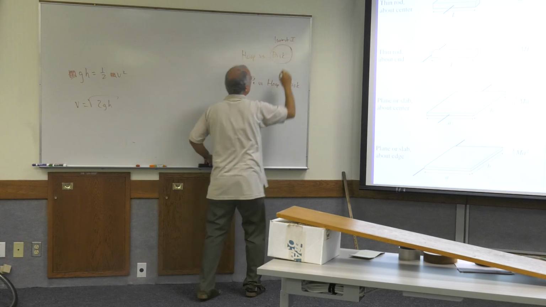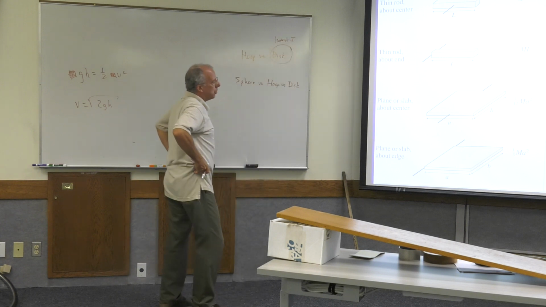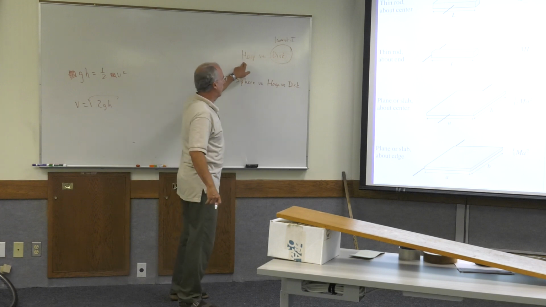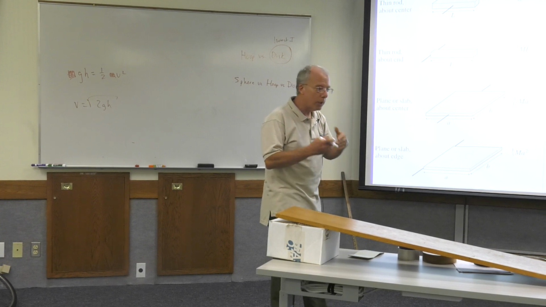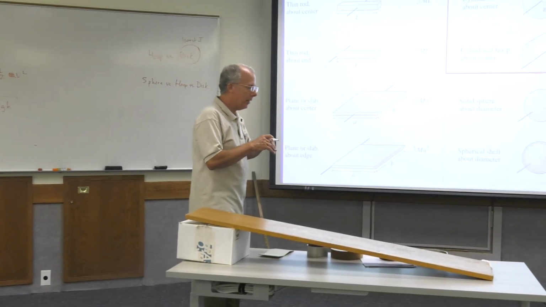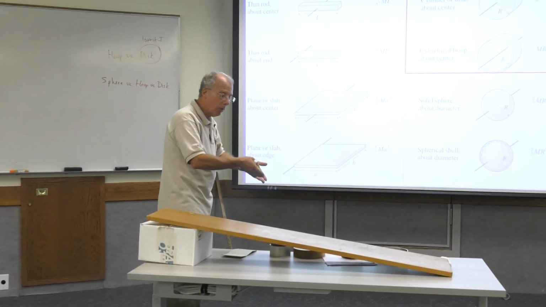Because I disc is 1/2 mr squared. I hoop is mr squared. So it seems that the lowest I is going to win. It makes sense because the lowest I means it's easy to get it rotating.